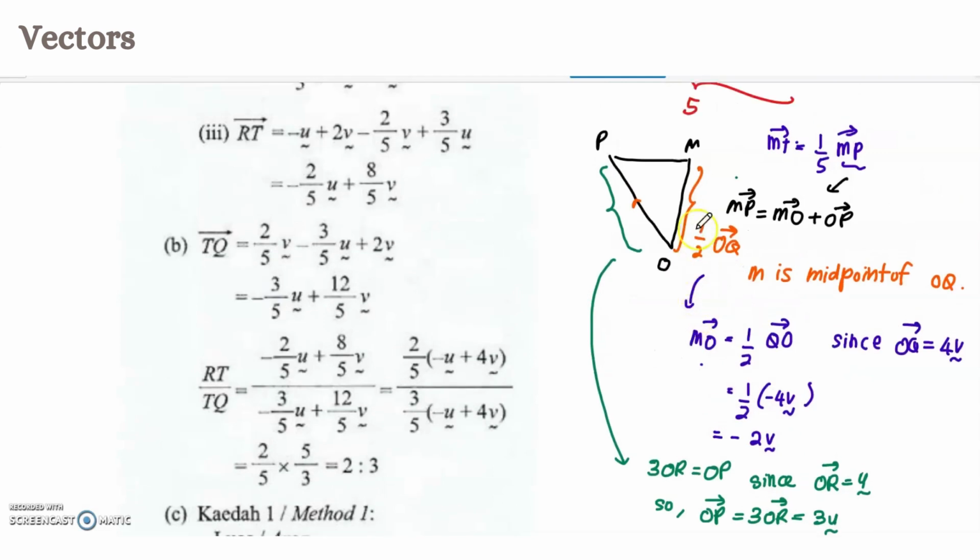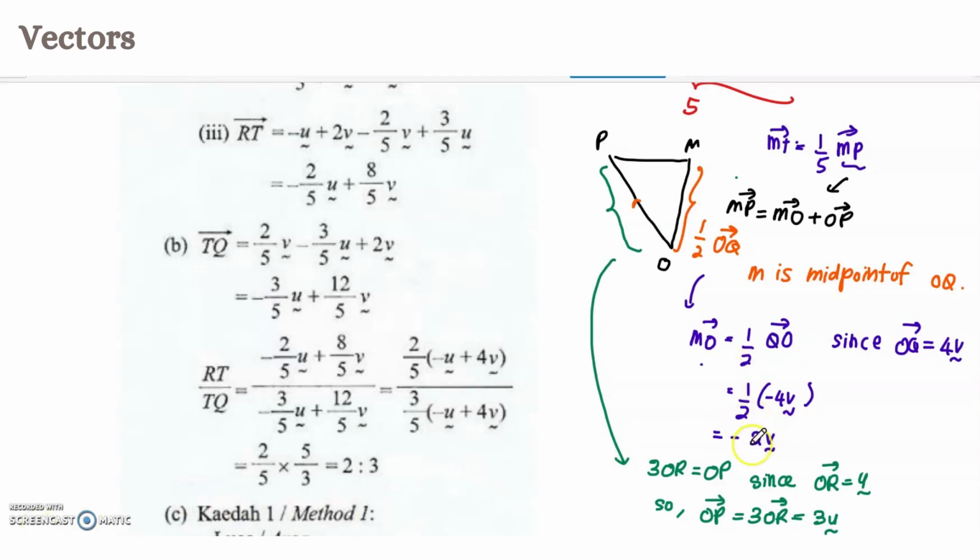So when we want to take MO, you have to change its direction. MO is equal to 1 over 2 QO. Because we change the direction, it means that it starts from Q. So 1 over 2 QO, half of QO. Since OQ is 4V, then QO is negative 4V.